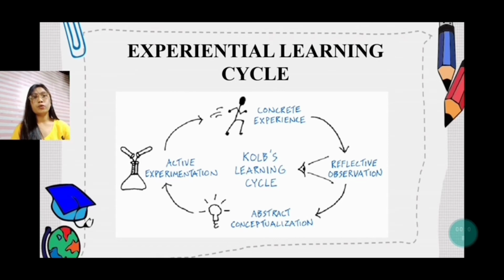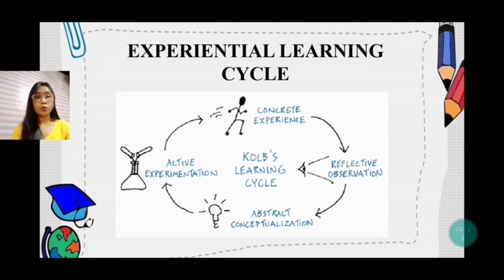To inform you, the experiential learning theory works in four stages: concrete experience, reflective observation, abstract conceptualization, and active experimentation.